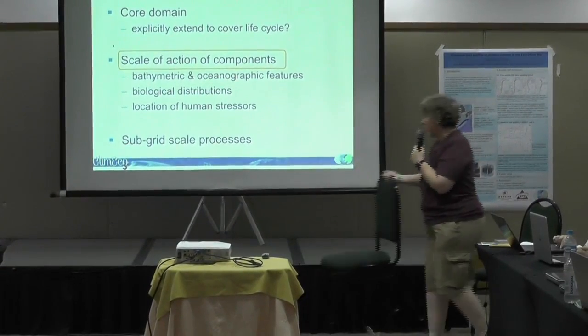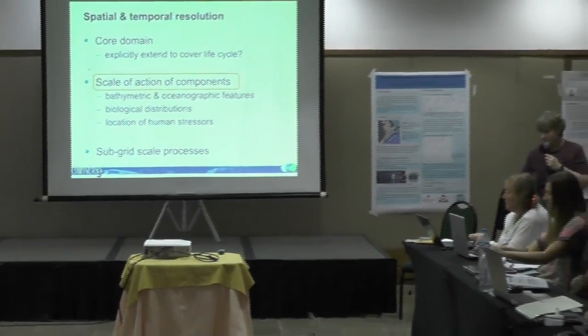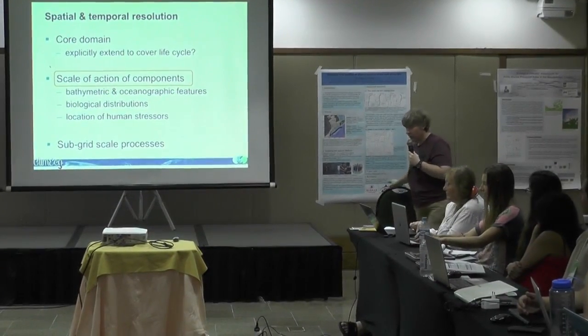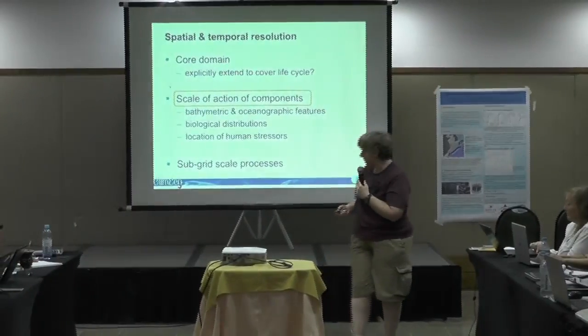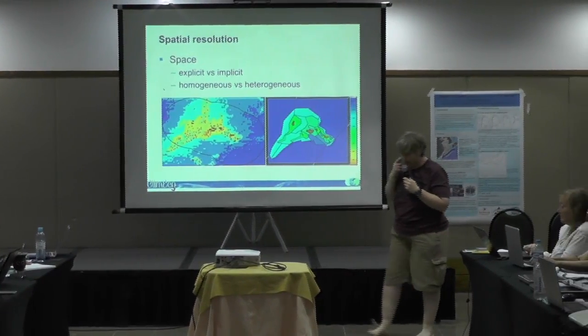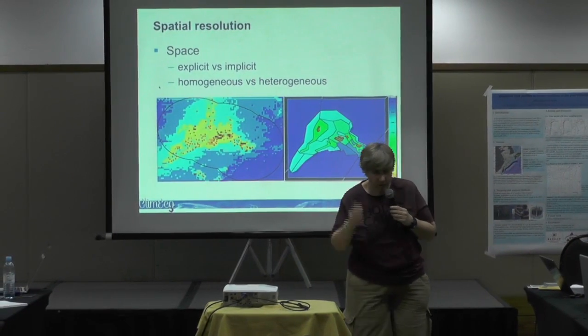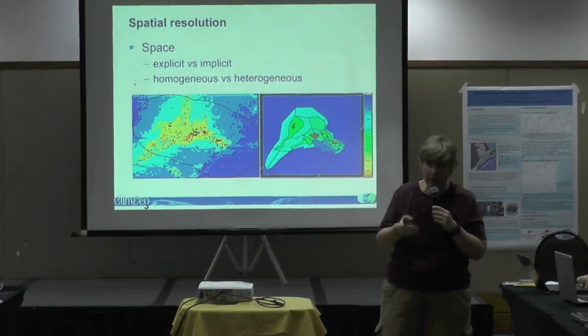So the scale of the action of the components is also really important. You don't necessarily want to have to dictate everything at that finer scale, but even how you go about representing scale is important. So if we think about space, there's two main ways of doing space. There's the grid sense, so that's the easiest way, is just to break up the world into fairly regular shapes.